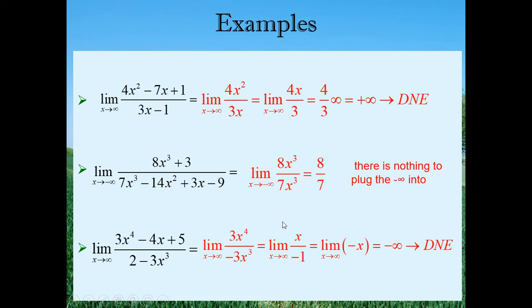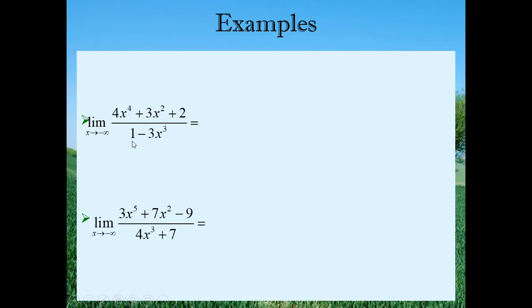All right, let's take a look at some more here. I've got 4x to the 4th plus 3x squared plus 2 all over 1 minus 3x cubed. Well, what are the highest terms? I've got 4x to the 4th, and I've got negative 3x cubed. All this other stuff becomes insignificant as these powers get larger and larger.